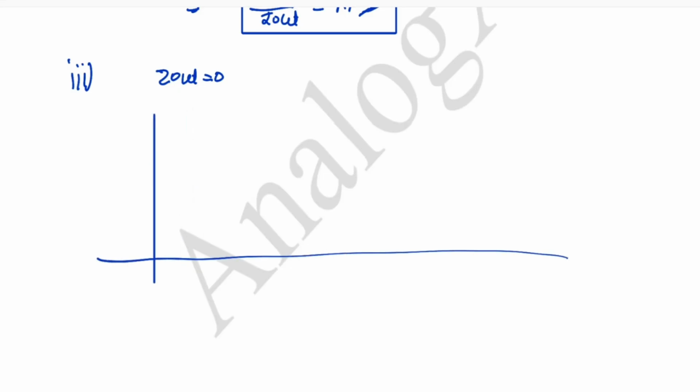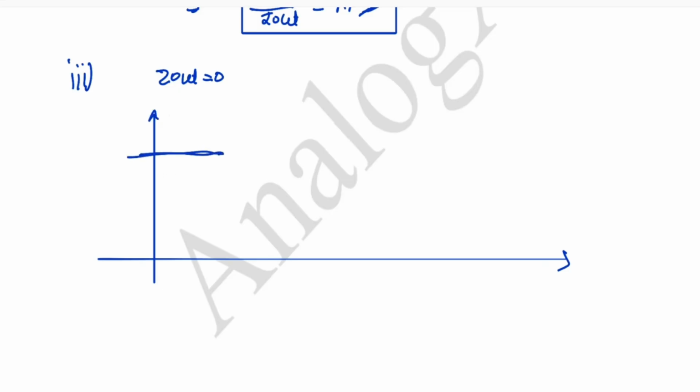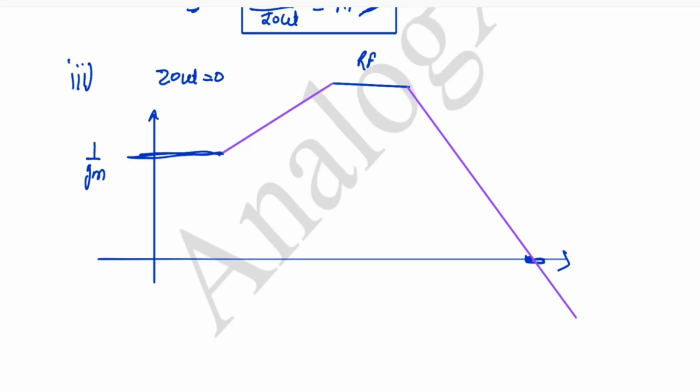Let me draw here. For the first case I got 1 by Gm, then I got Rf, and then I got 0. Now I will simply match this. You tell me which point reflects which.